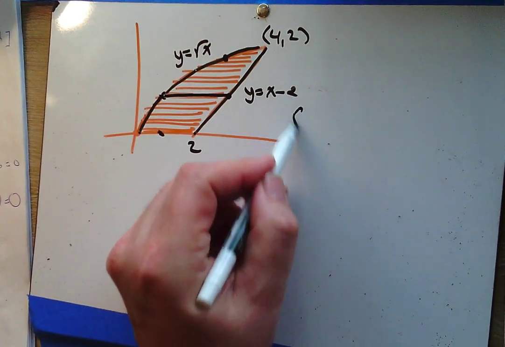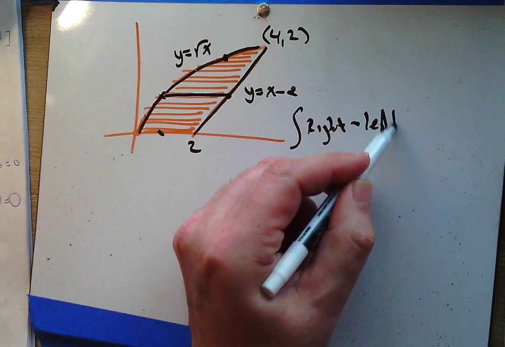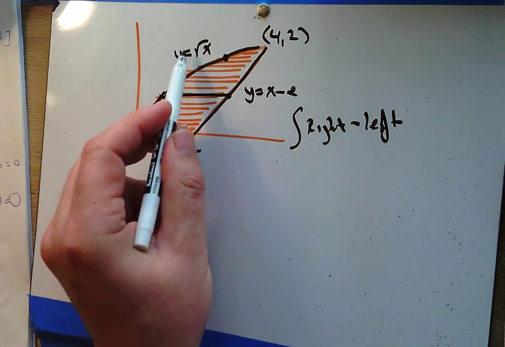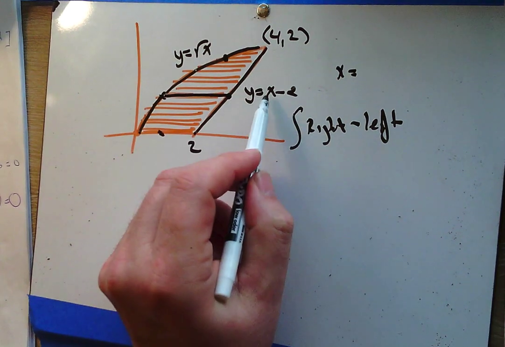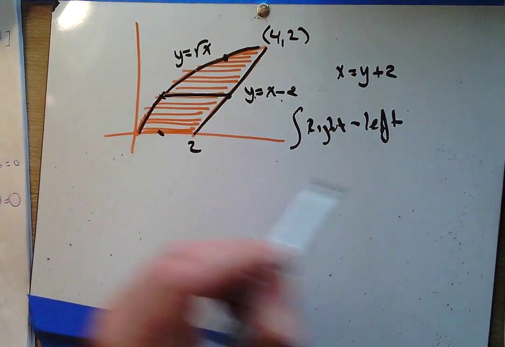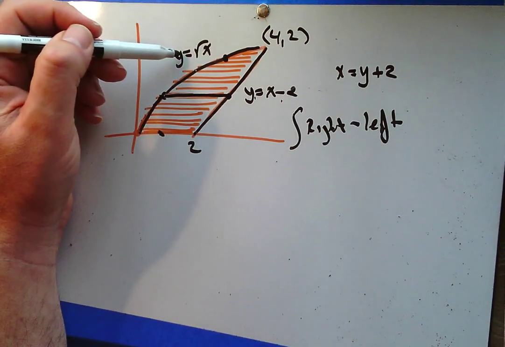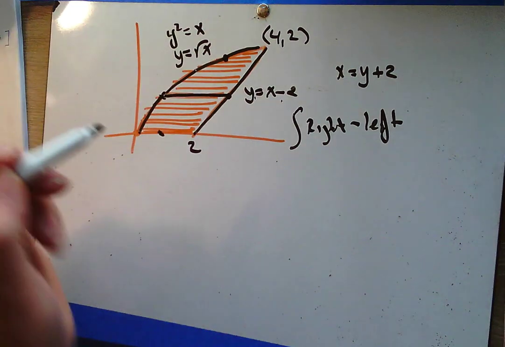Now, when you integrate right minus left, instead of y equals functions, you need x equals. So solve this equation for x by adding 2 to both sides. And over here, solve this equation for x by squaring both sides.